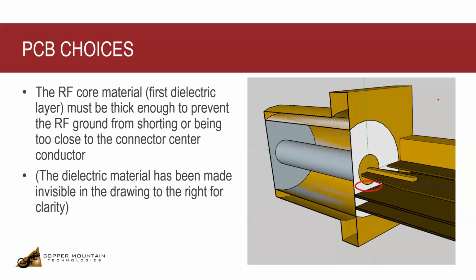So if you chose the core thickness to be maybe 10 mils, it would probably short against that center conductor, and you'd get very terrible performance. People think that I need a very, very thin dielectric layer to minimize loss. Well, maybe you do, but you can't hook a connector to it very easily. Unless you pull away the ground, people have mentioned that. You can do that. You can pull away the ground on that ground plane layer so it doesn't make connection.